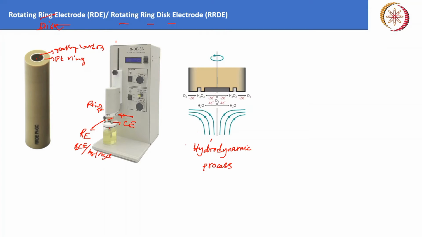Usually for ORR and OER people use 0.1 molar KOH solution with dissolved oxygen, purging the oxygen, so that oxygen comes from the bulk solution to the electrode surface, and it can reduce in a two electron process to form peroxide, or in another two electron process, if it is a 4 electron process, it can form water molecule.